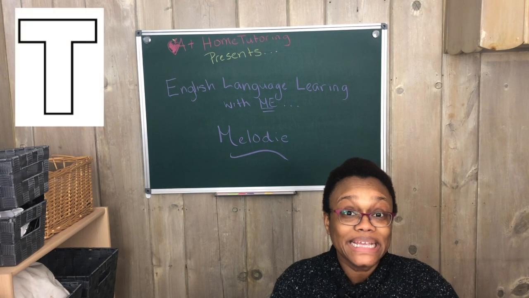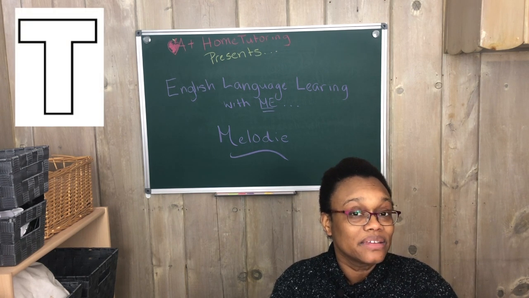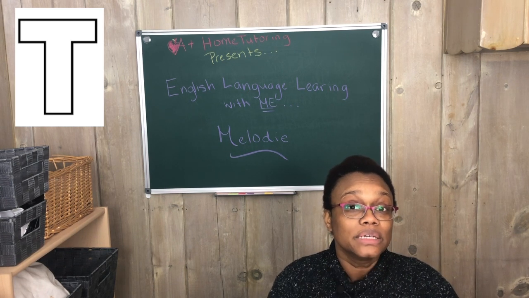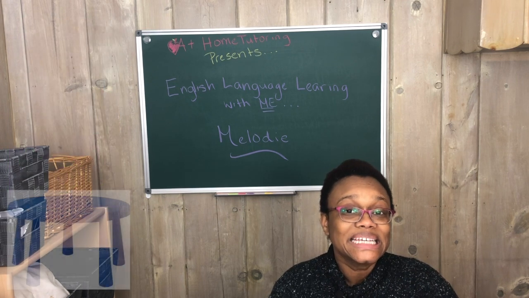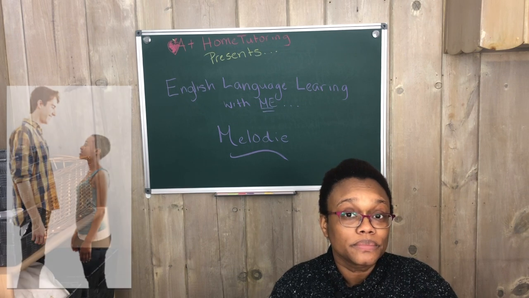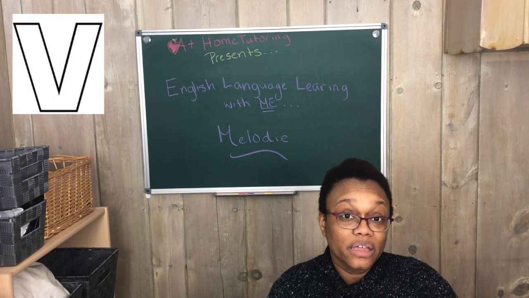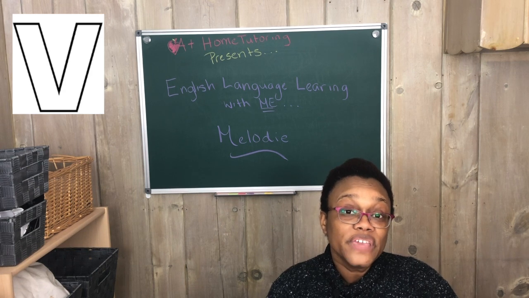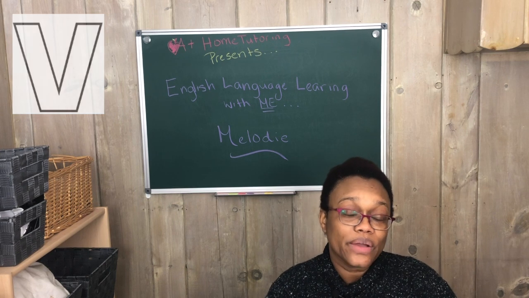The next letter is the letter T. T. The letter T makes the t, t sound. For example, tot, table, tall. The next letter is the letter V. V. V makes the v, v sound.